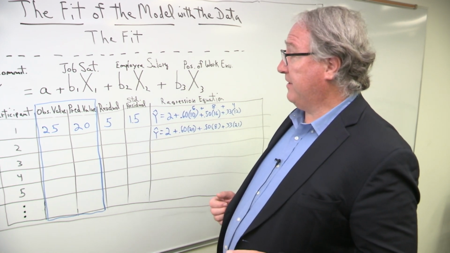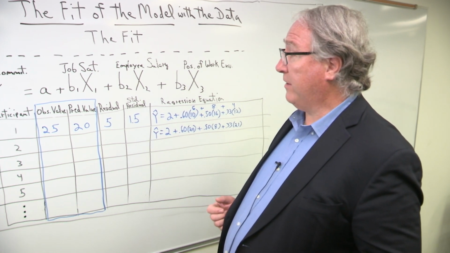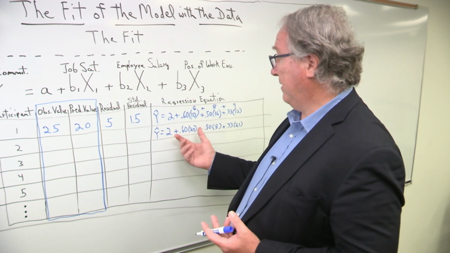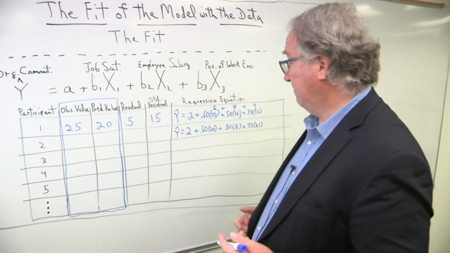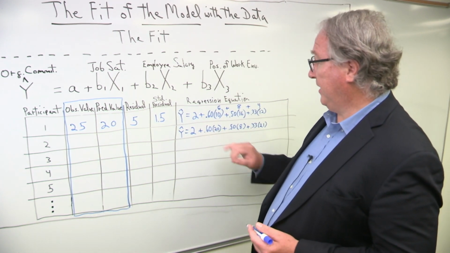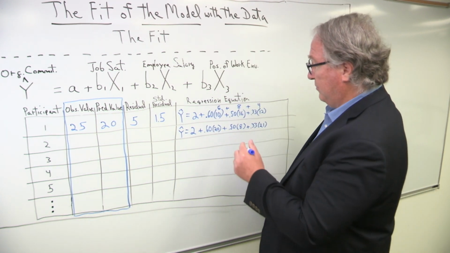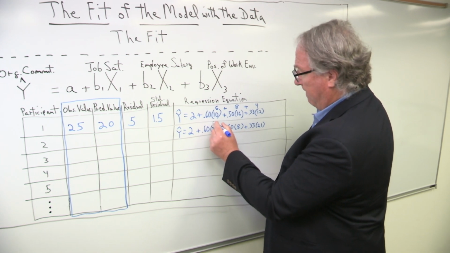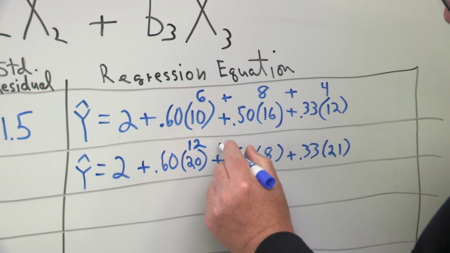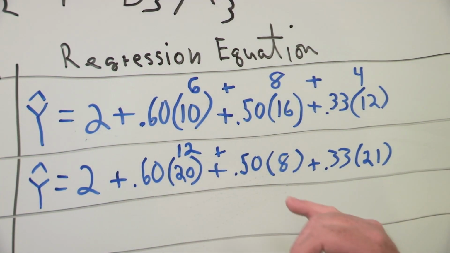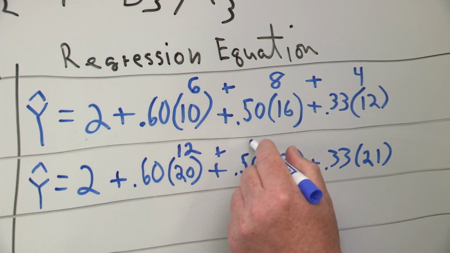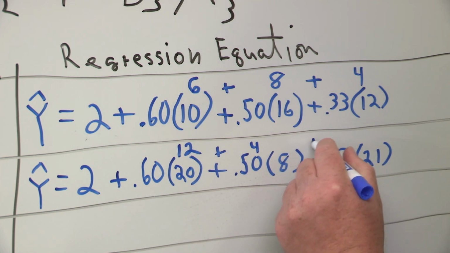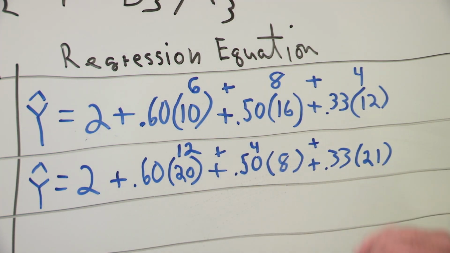Okay, so let's see what the predicted value is now on the outcome variable measure coming out of the model for participant 2. Well, 0.60 of 20 is going to be 12, plus 0.50 times 8, half of 8, going to be 4, plus 0.33 times 21, or 1/3 of 21, is 7.